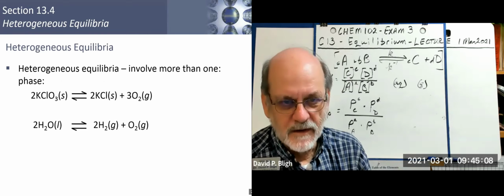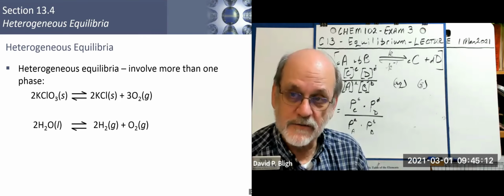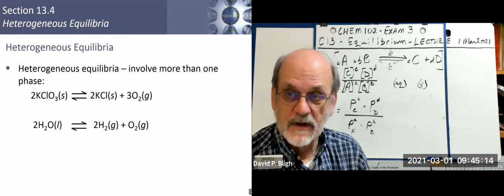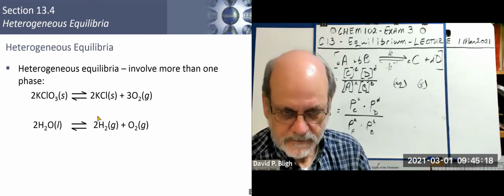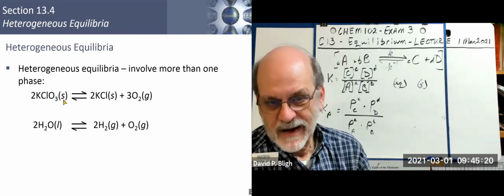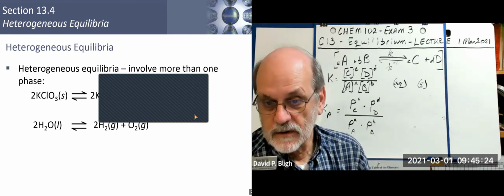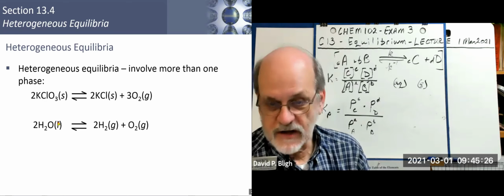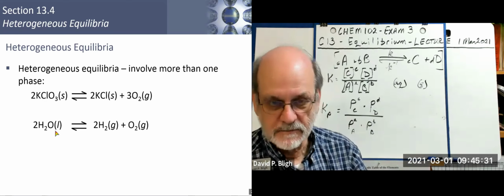That's homogeneous. If you have any solid or liquid in there, or you have a difference, like if you have gas and aqueous, that would also be heterogeneous. But this term is not expressed in the equilibrium. This term is not expressed in the equilibrium. In this case, we're taking water and we're splitting it apart.